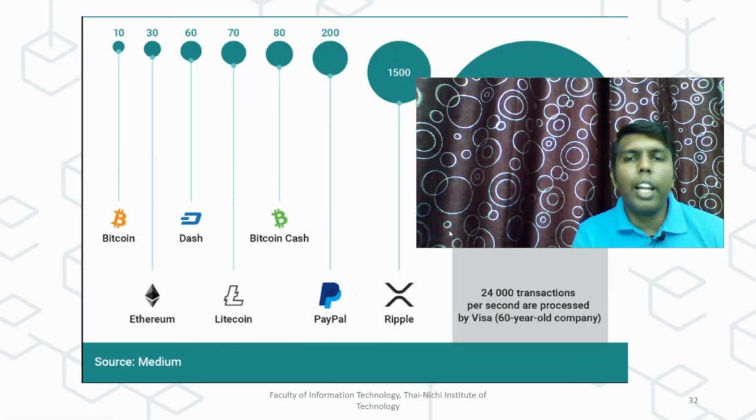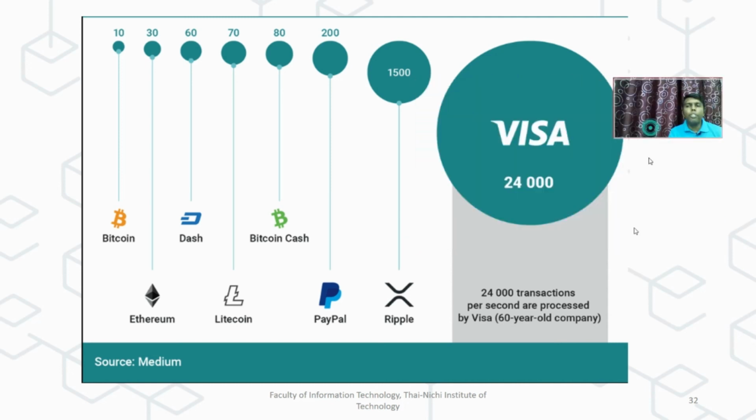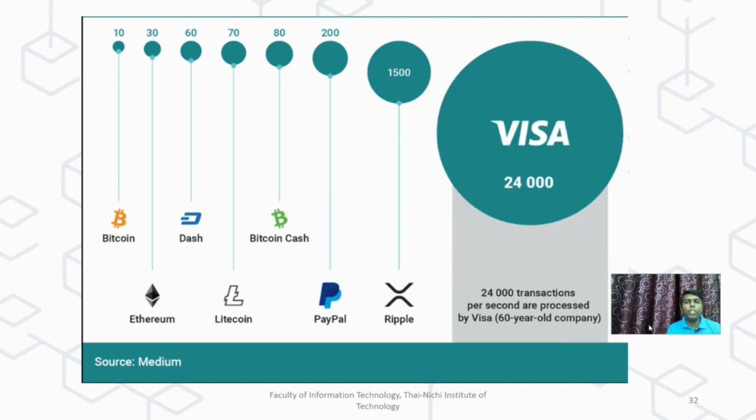So in this slide, it displays the transaction speed of various financial network nodes. Bitcoin takes around 10 transactions per second, while Visa handles around 24,000 transactions per second. So if 24,000 users can use Visa in 1 second, and the same 24,000 users use Bitcoin, there is a scalability issue in the case of the Bitcoin blockchain.